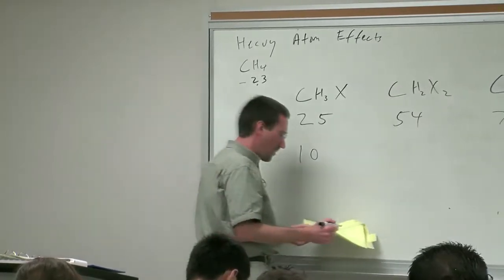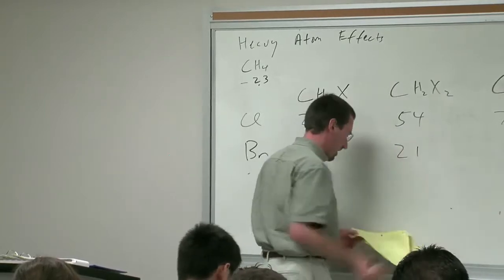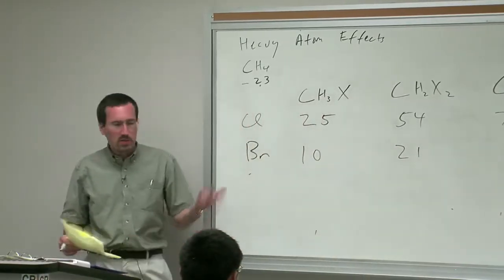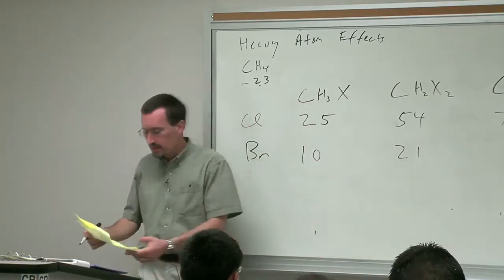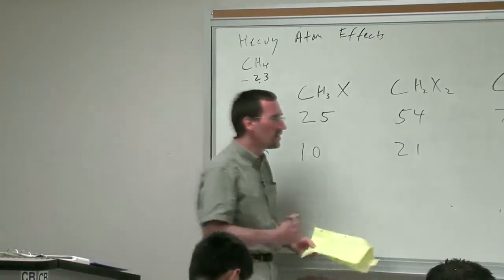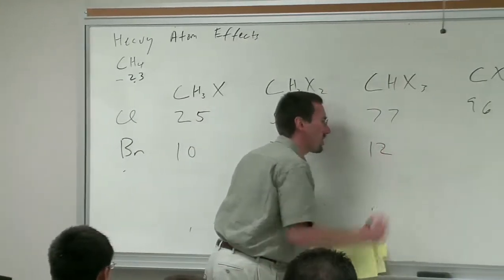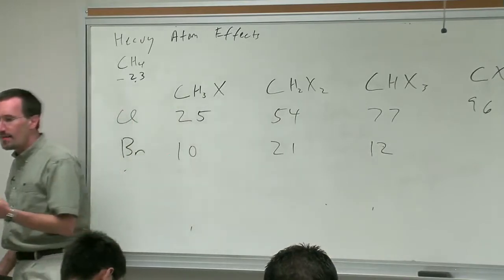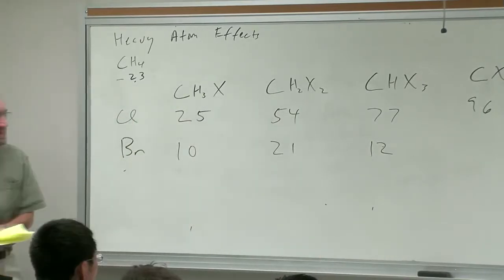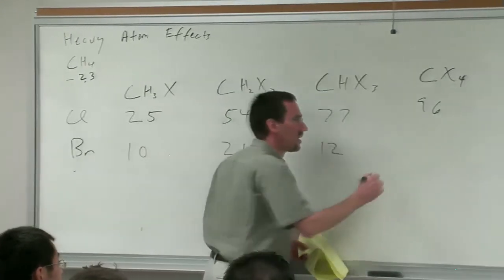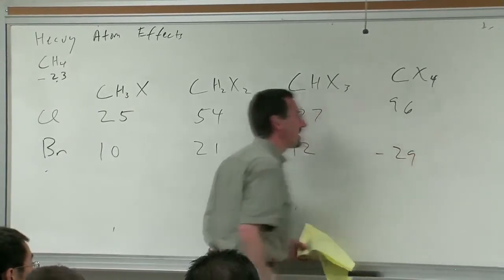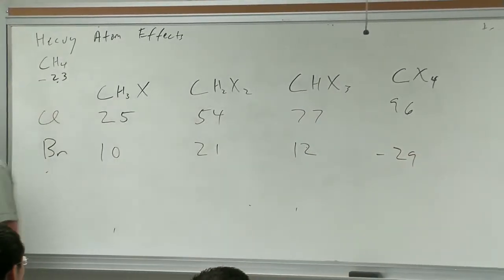You add 2 bromines. You go to dibromomethane. And you say 21. OK, well, that doesn't sound so surprising. We're moving further downfield. 3 gets a little bit weird because we start to move upfield. And by the time we're at 4, we're at -29.